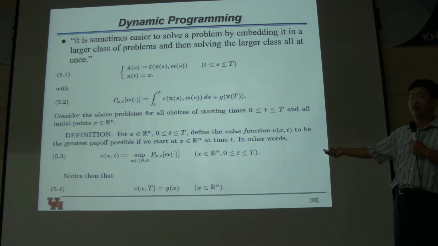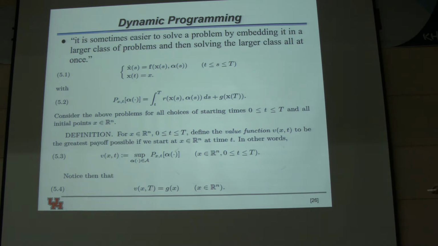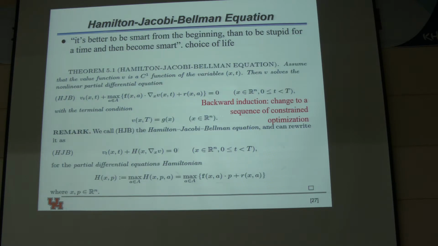So starting from now, what should I do until the end, such that we can optimize the solution? This is a dynamic program. So we want to find a control such that from time t to the end, we can optimize this. What they do is called the Hamilton-Jacobi-Bellman equation.